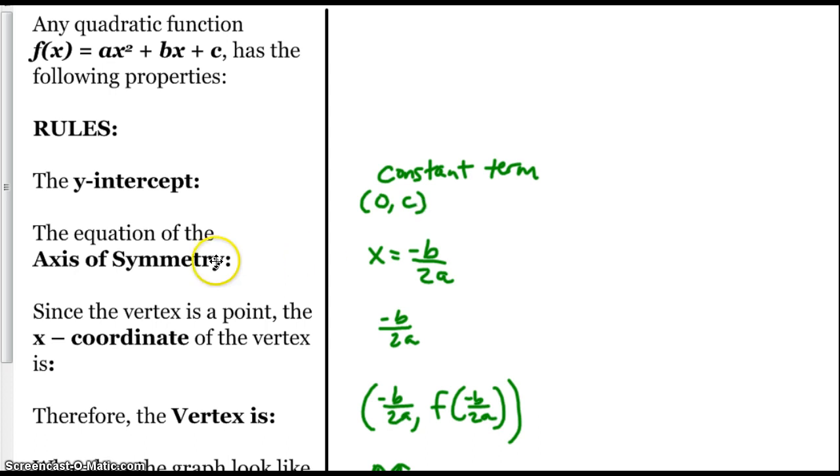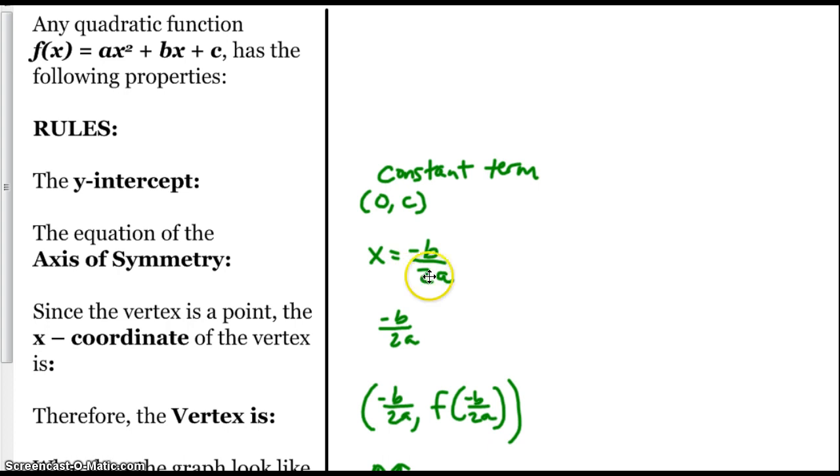Also, the equation of an axis of symmetry, you can find that by setting it equal to negative b over 2a. So you can take your equation and have the opposite sign of b and divide by 2 times a to find the axis of symmetry.